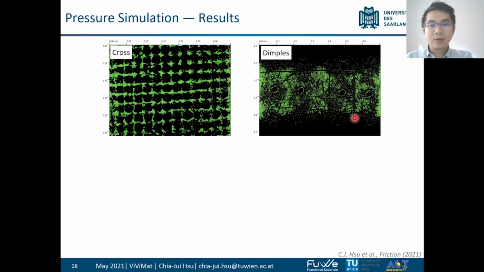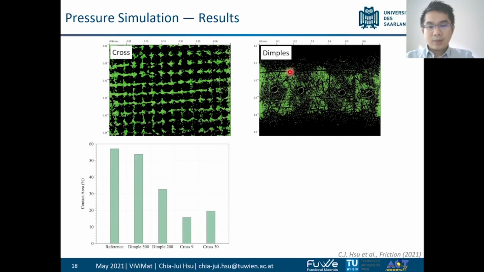The green areas are the contact area in the cross pattern, the cross 30, and also the dimple. And we can see that if we see only the contact area, then both the dimple 200, the cross 9 and cross 30 have less contact area compared to the reference, and the dimple 500 actually is very close to the reference contact area.